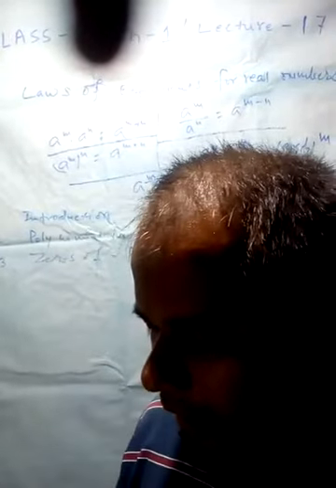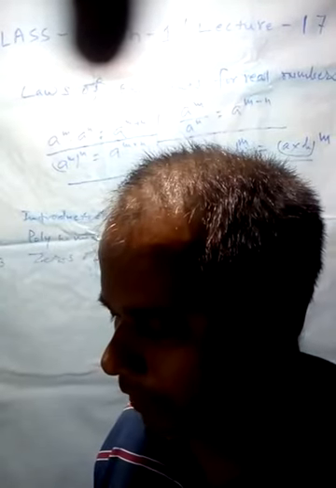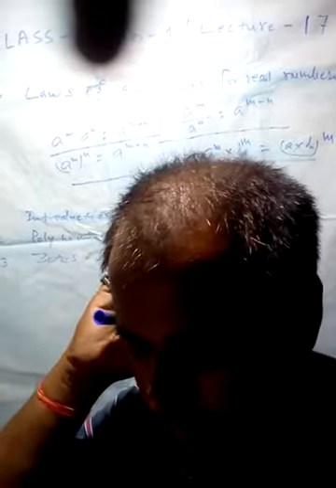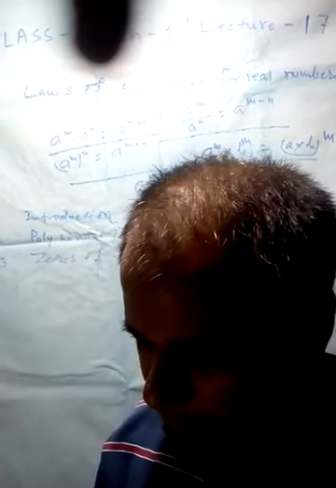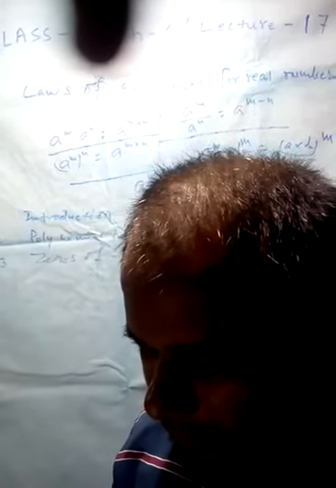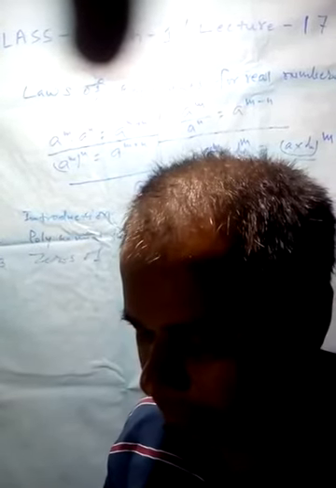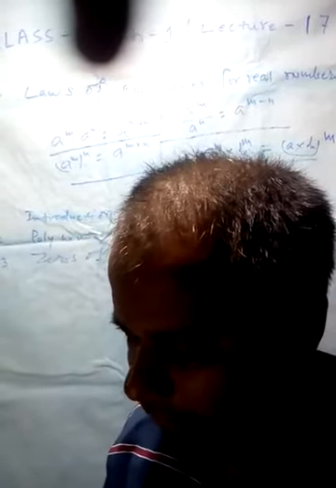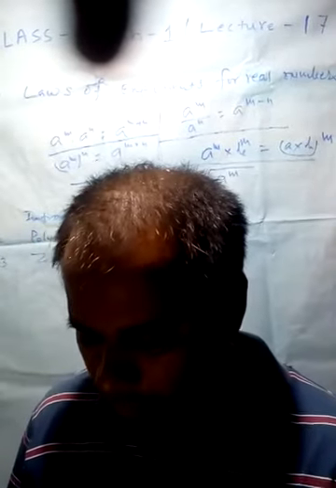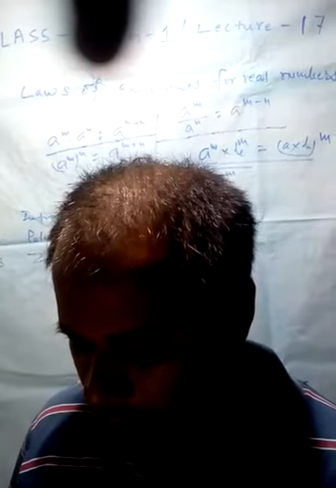Then the nth root of a is equal to b if b to the power n is equal to a and b is greater than 0. In the language of exponents, we define the nth root of a as a to the power 1 by n. So in particular, the cube root of 2 is equal to 2 to the power 1 by 3.